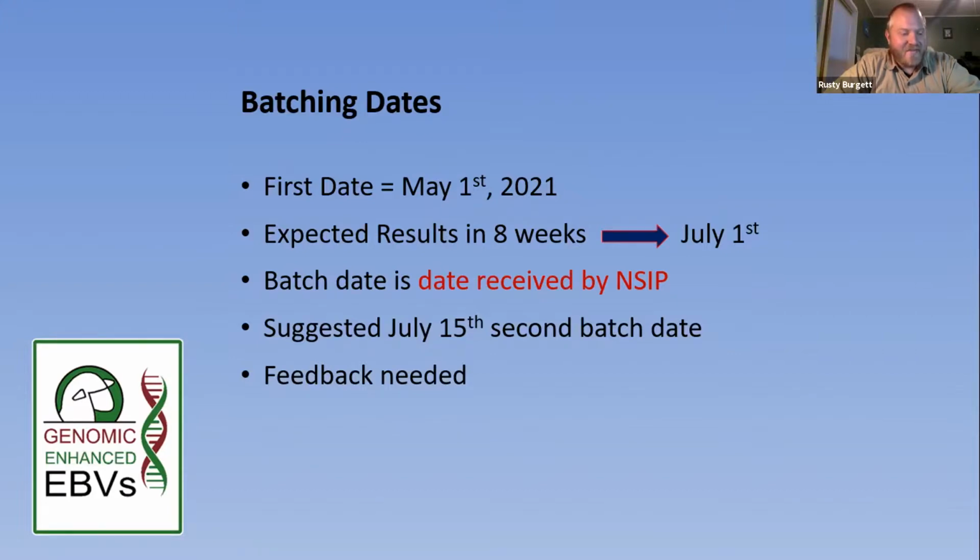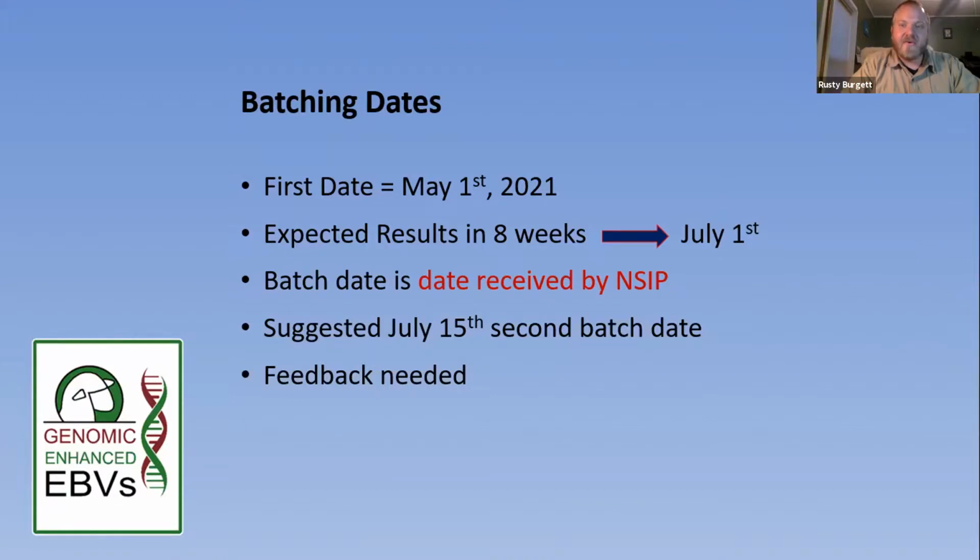The other thing is that with these batching dates, these samples have a spot in the queue to be genotyped right away. If I just send in a batch of 96 samples on a random date, they have other orders from other species that are going to be ahead in the queue.